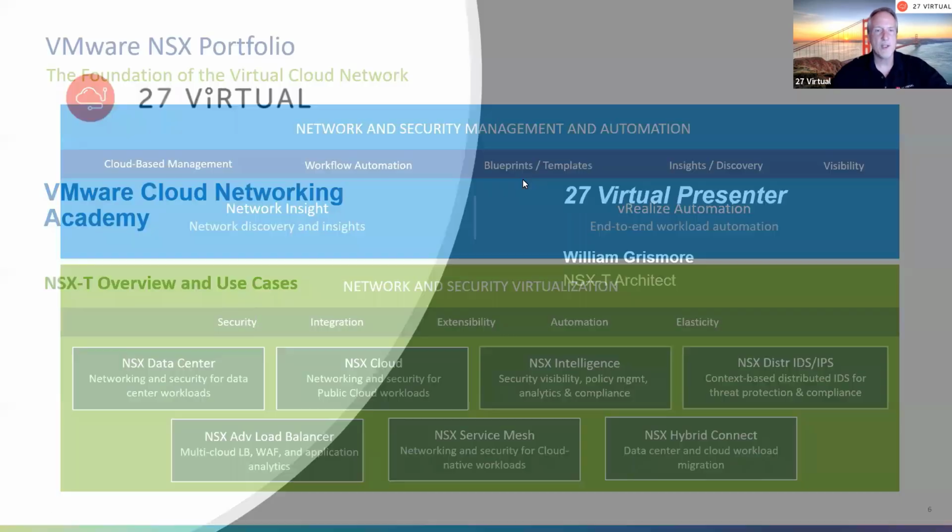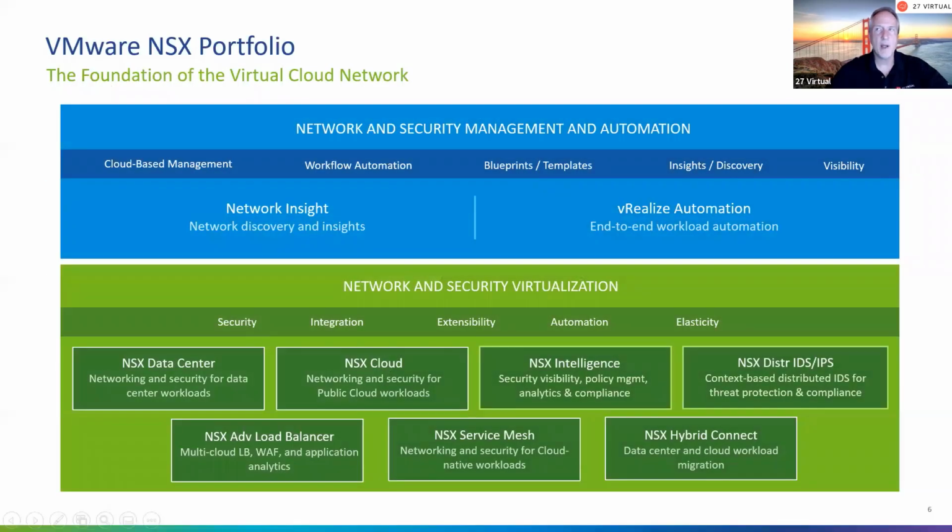Welcome to the presentation. Today we're going to cover an overview of NSX. As you can see, the NSX portfolio is quite large and expanded over time. When we first started out on our journey with NSX, our original focus was on the NSX data center product, and that's still a very prevalent core feature of NSX. It has expanded greatly.